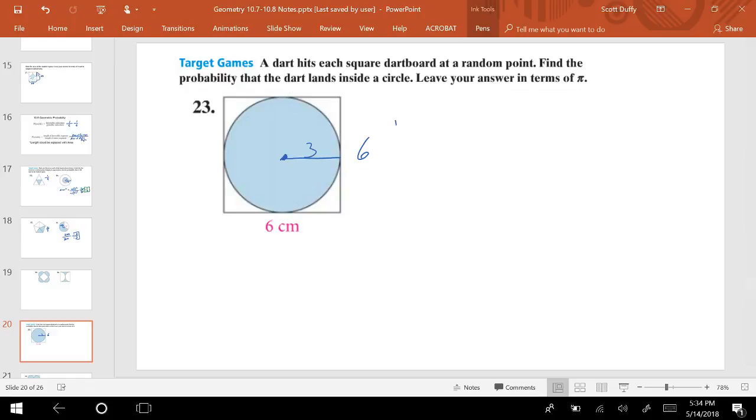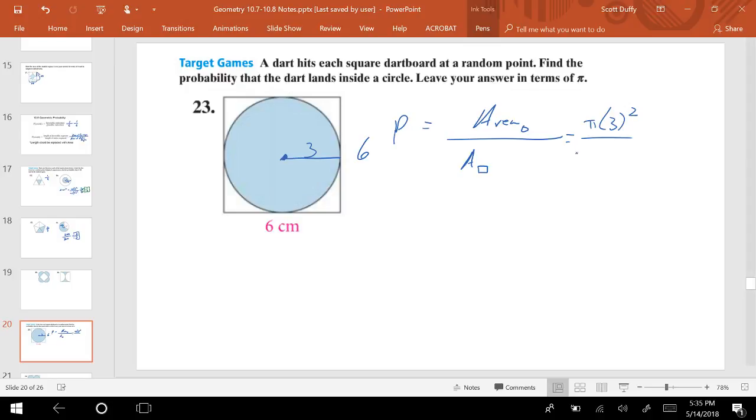So the probability is equal to the circle's area divided by the whole area of the square. Circle's area is pi times 3 squared.